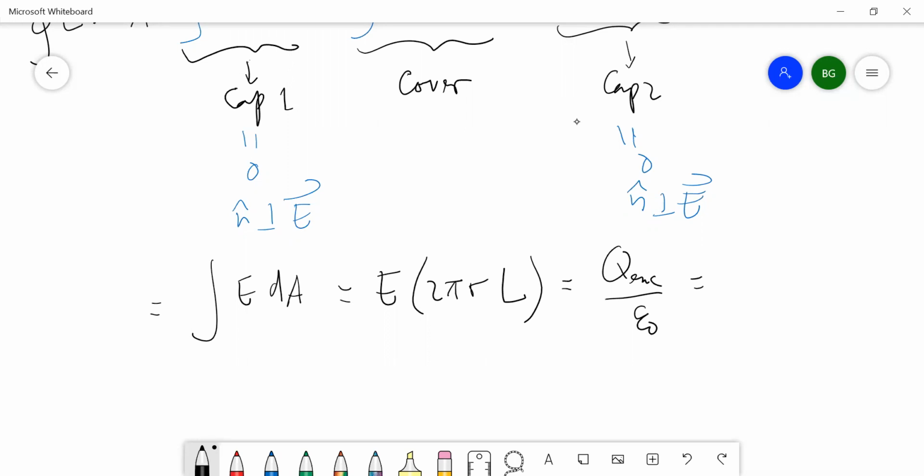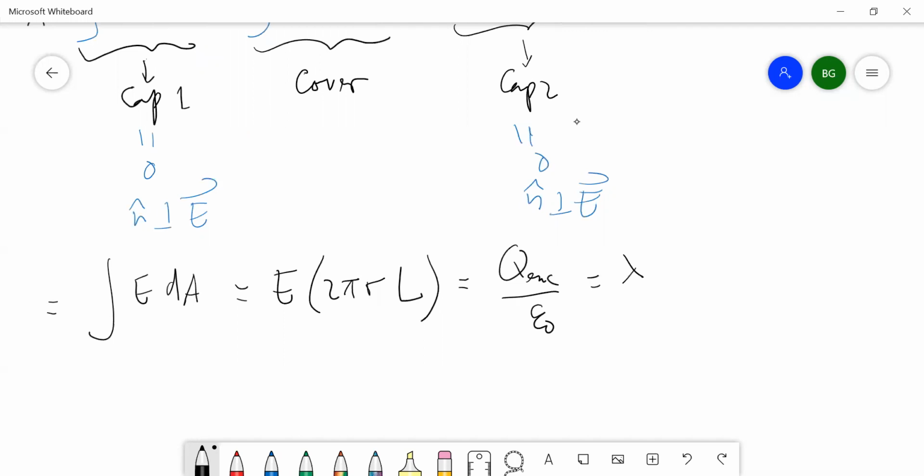And Q enclosed is lambda L over epsilon 0.